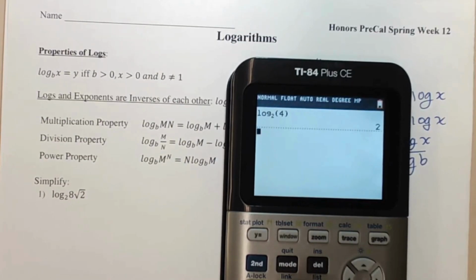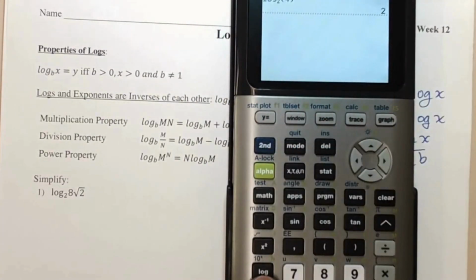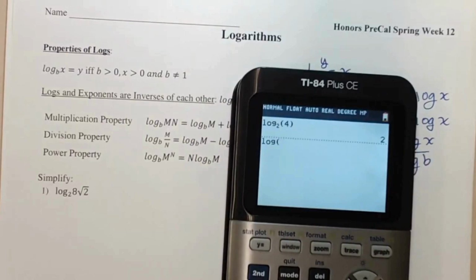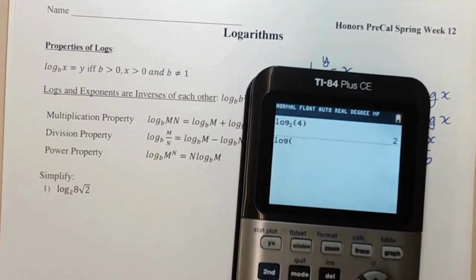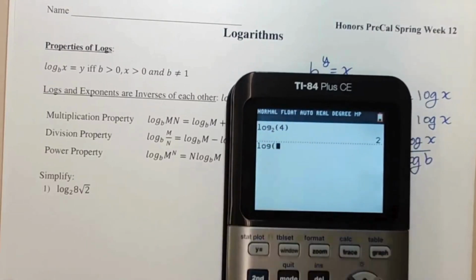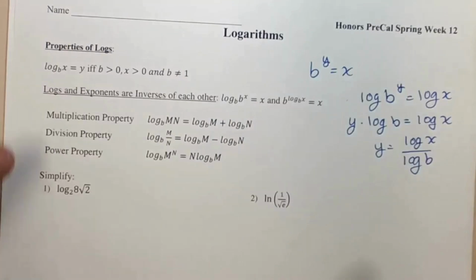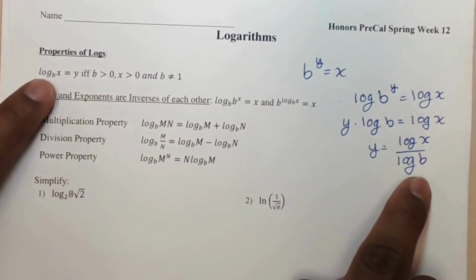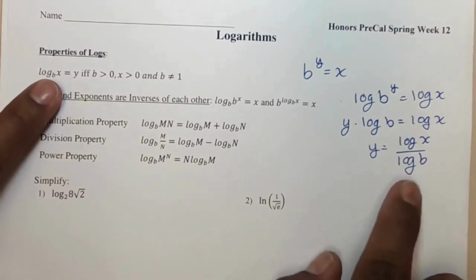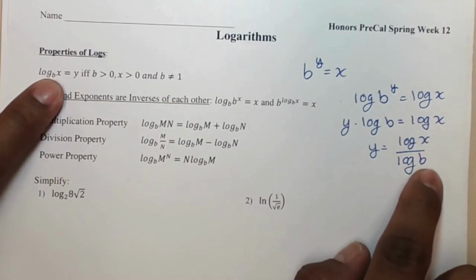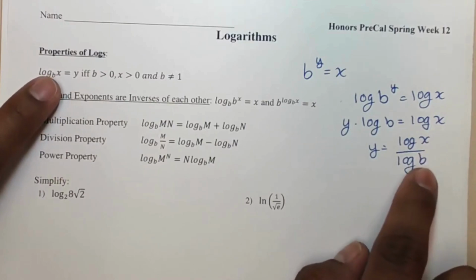But if you just have the normal log button, this is default base 10. So instead of log base 2 of 4, you can do log of 4 divided by log of, not natural log, 2. It does the exact same math. So those are the two different ways we can put these problems into the calculator. Notice that you can think of the base b as the bottom number. That base is always on the bottom.